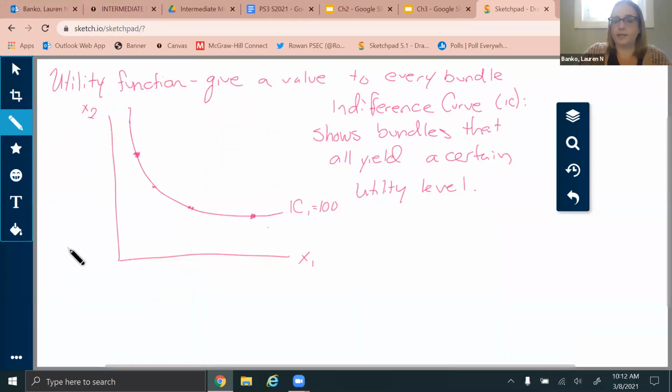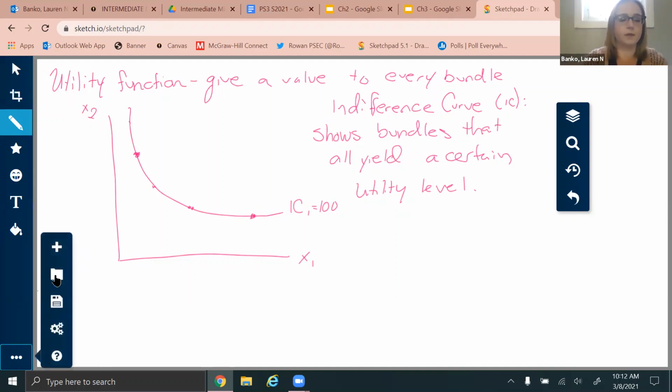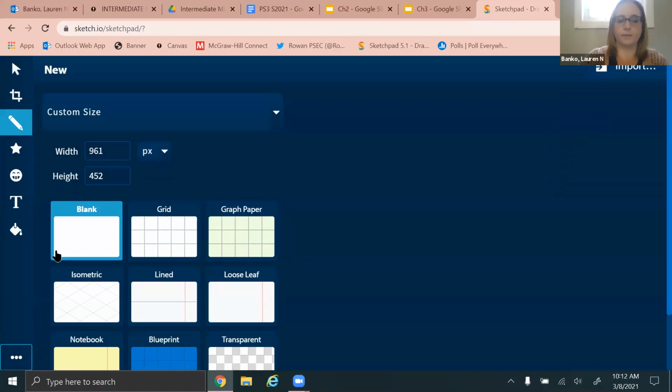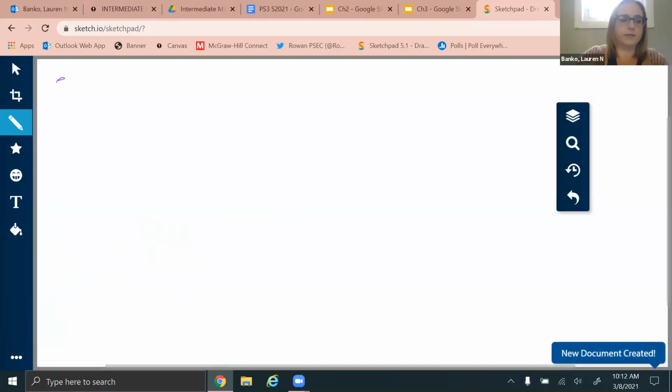So these indifference curves and utility functions are going to be in different forms. This is one example, and we'll talk about what that means coming up. But I'm going to talk about another one because it might be good to see one with numbers. Okay, so let's give an example.